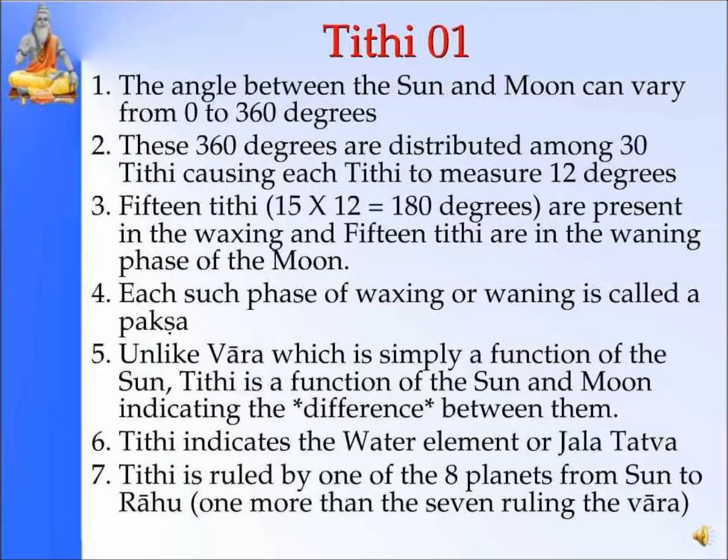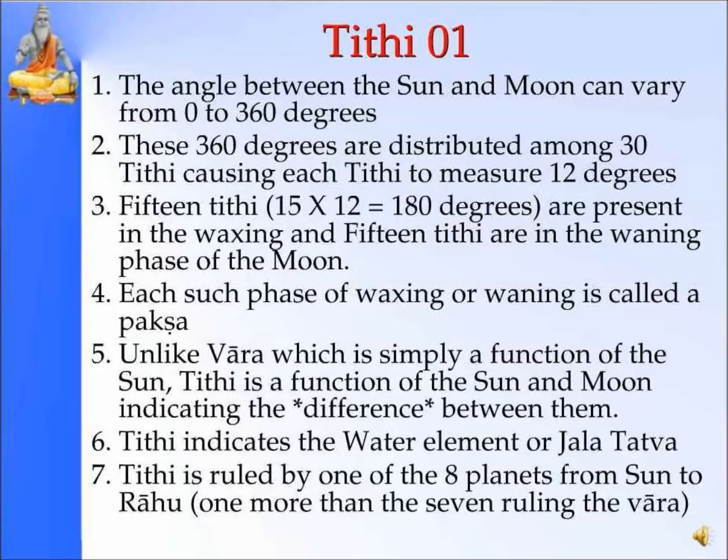All you have to do is add Rahu to the list of the lords of the weekdays. So can somebody go through with me? You have Sun, Moon, Mars, Mercury, Jupiter, Venus, Saturn, Rahu. You can do this on your fingers. Now we can check the lords of the Tithi.